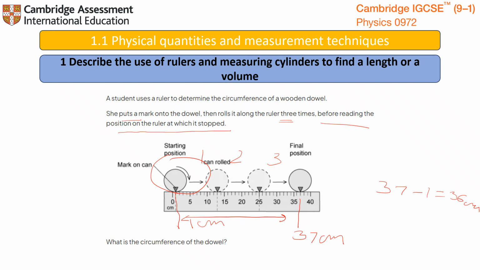So we need to divide 36 by 3, which gives us 12 centimeters. So this distance is 12 centimeter. In one rotation, a wheel or a dowel moves equivalent to its circumference. So the circumference of the dowel is.